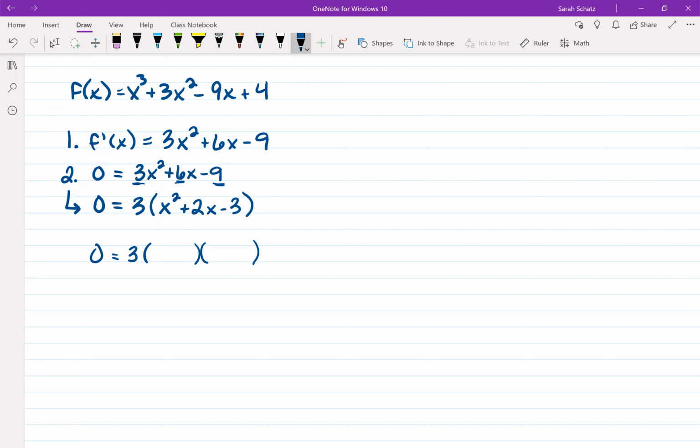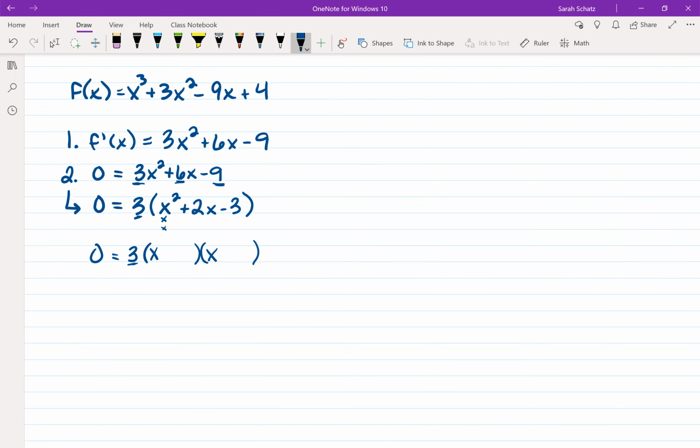Okay, so remember how we factor. We take the factors of the first term, which are always x and x. Those are going to be your first values. Notice we didn't have the coefficient on the x squared anymore, so I didn't have to worry about it. The 3, because it's on the outside, you don't have to worry about it.